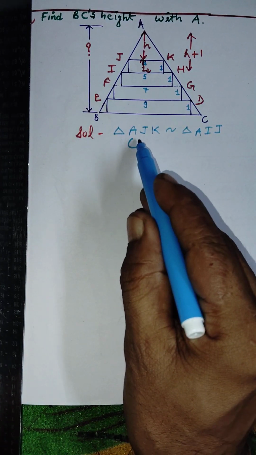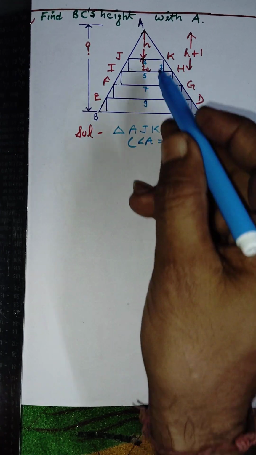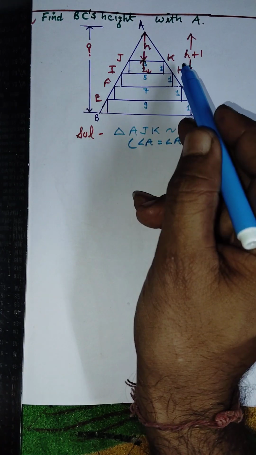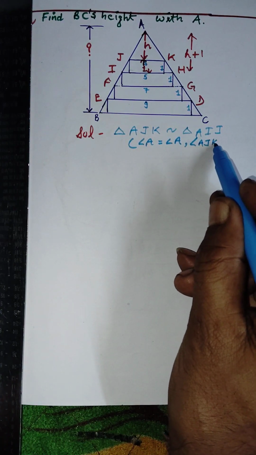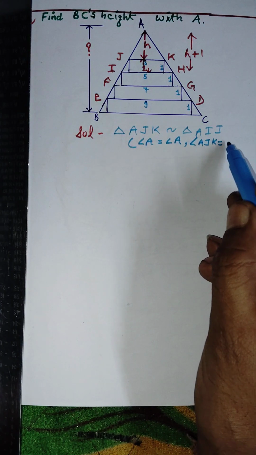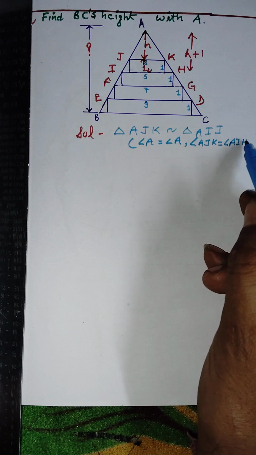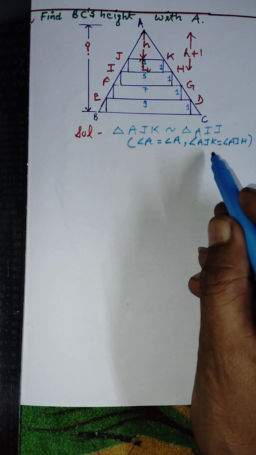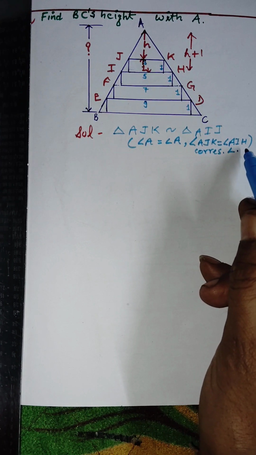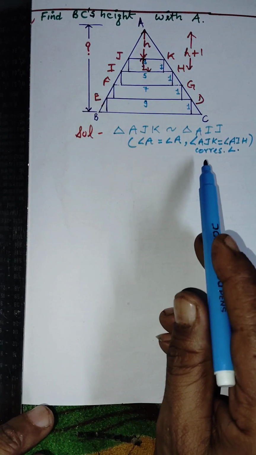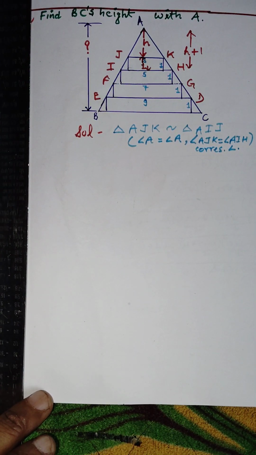Angle A is common in both triangles, and angle AJK is equal to angle AIH, corresponding angles. Why? Corresponding angles in parallel lines. So these two are corresponding angles, therefore they are equal.